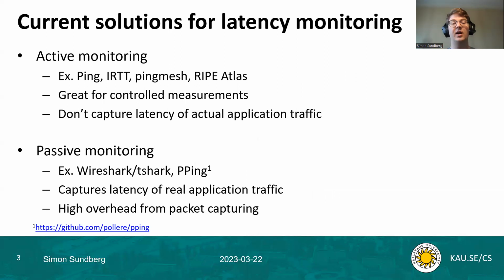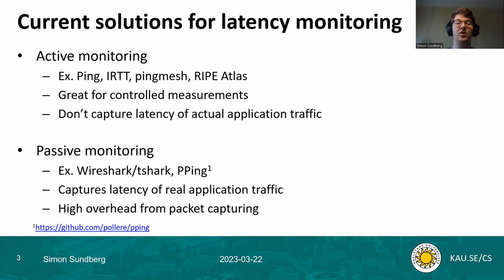So if we look at some of the tools we have today for monitoring network latency, most of them rely on actively probing the network. Perhaps the most well-known application of this type is ping, but there are many other tools that operate in a similar manner, such as IRTT, PingMesh, and the RIPE Atlas measurement platform, which in turn uses ping.